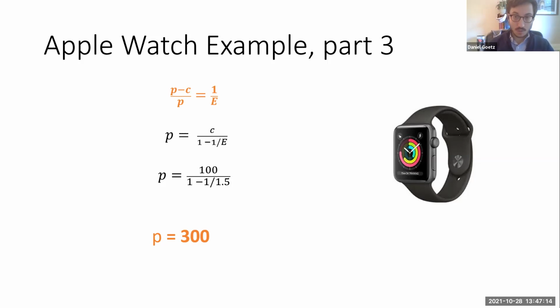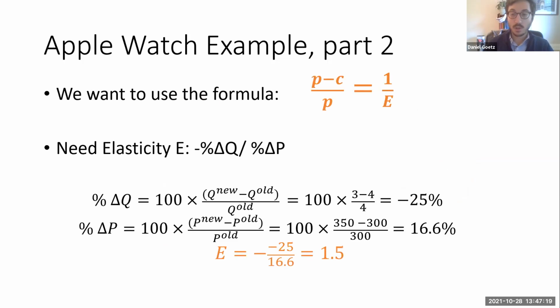Let's try to understand the intuition behind the formula a little bit more. So elasticity measures how sensitive a consumer is to a price change, right? If E is bigger, then a 1% change in price leads to a bigger change in quantity, right?